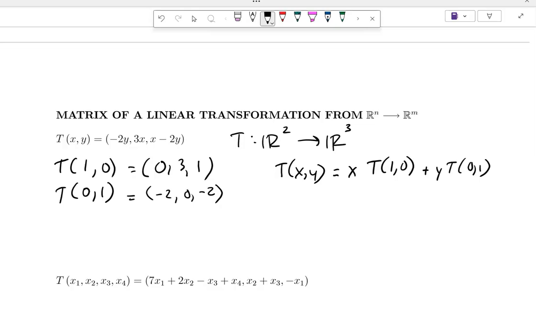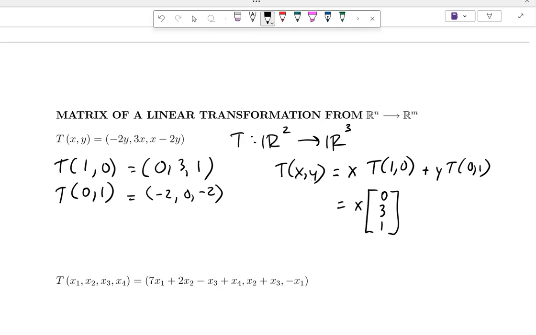Well, I know what the coordinates of x, y are with respect to the standard basis. The x coordinate is x, the y coordinate is y. So I'm just writing it as that linear combination, right? We agree? Okay. Let me start writing things as column vectors a little bit. My transformation applied to 1, 0 is the vector 0, 3, 1, right?